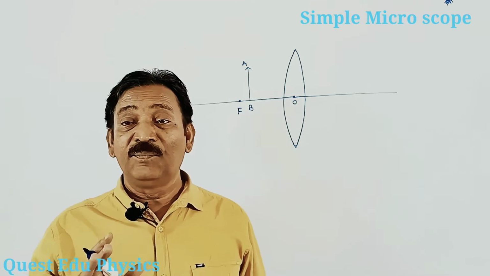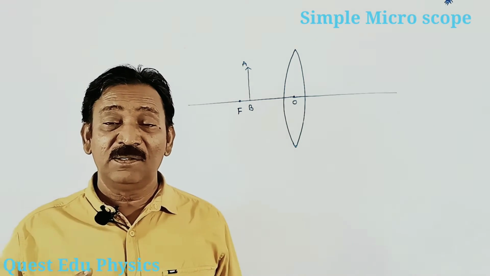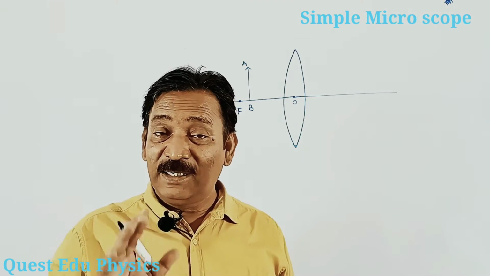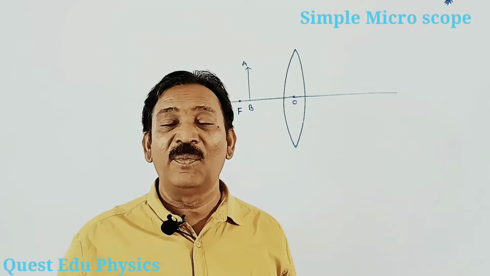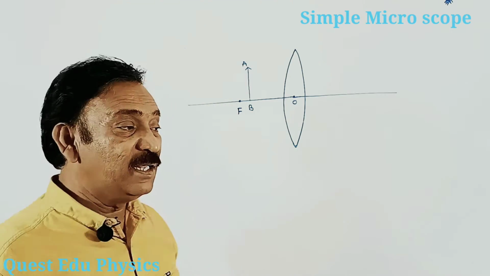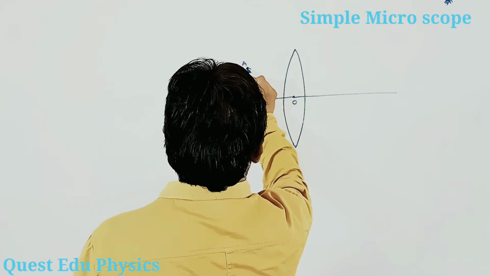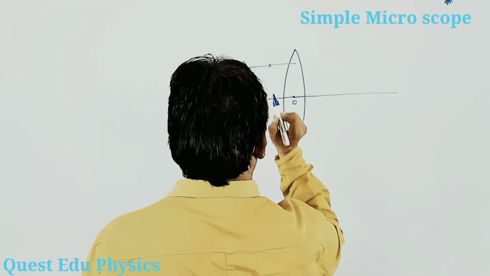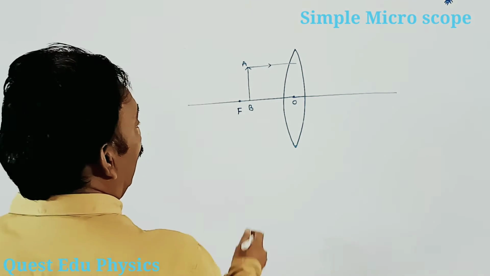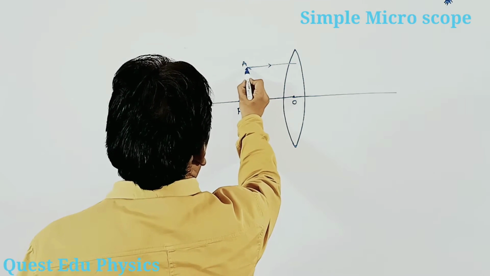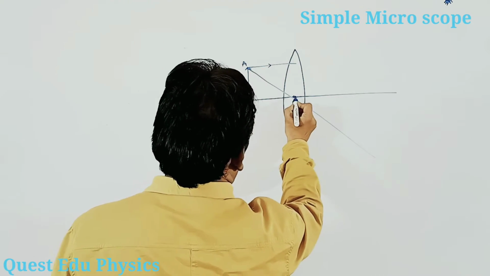Here we have to remember the methods of image tracing. To trace the image, we need at least two light rays coming from the object. Here we are taking two light rays, students. One is parallel to the principal axis, and the second one passes through the optic center.